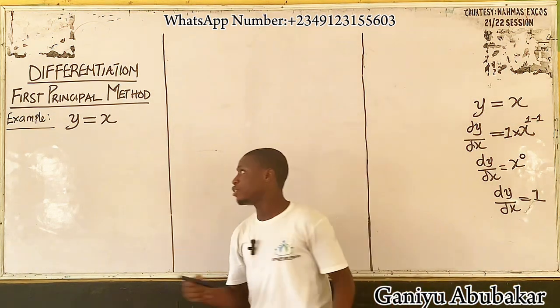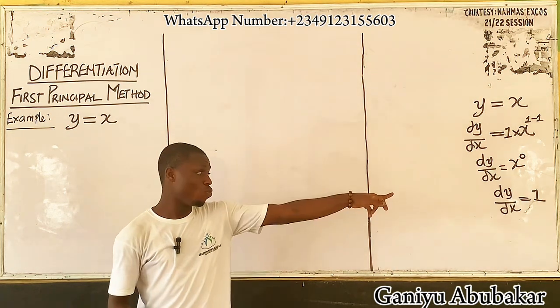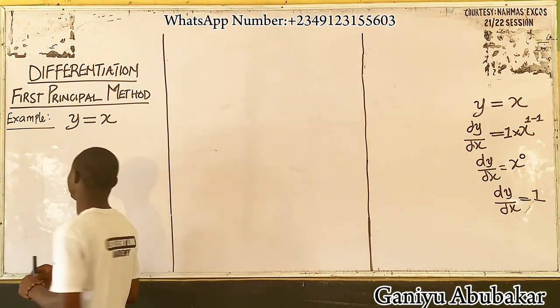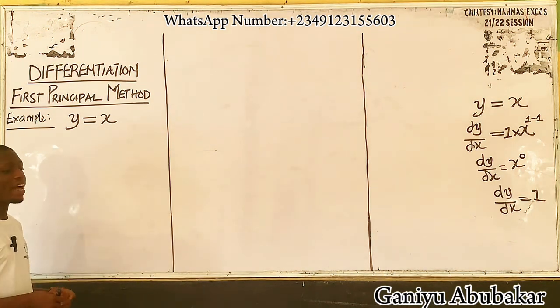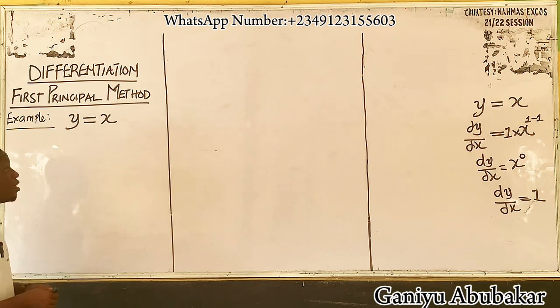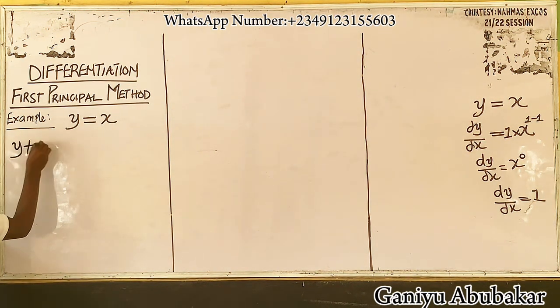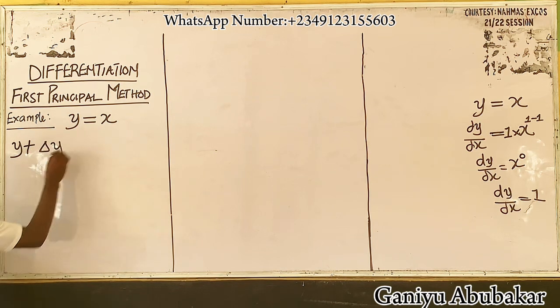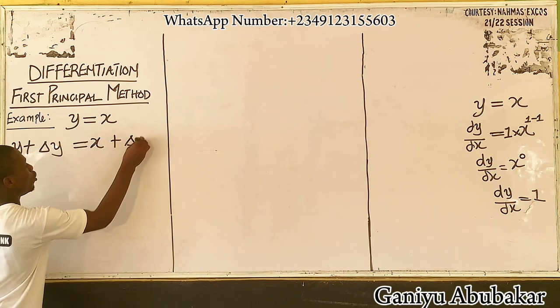Let's apply first principle and see if we get that same 1. For first principle, we said to y add change in y, to x add change in x, as easy as that. So y plus change in y is equal to x plus change in x.